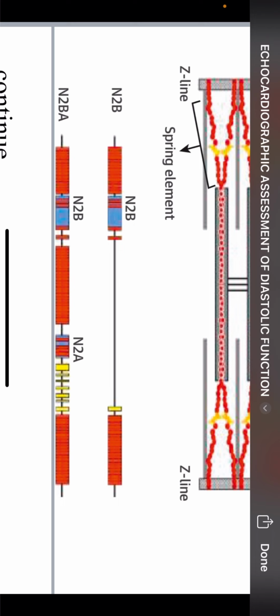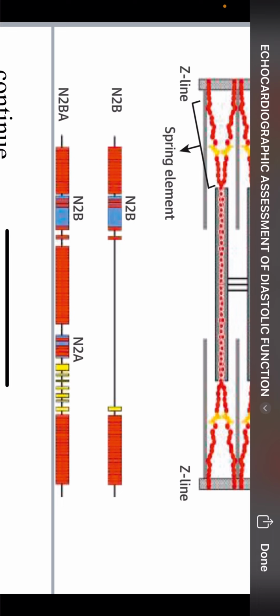If you have more of the compliant titin, your heart will be compliant and it will just fill and not come back to contract. If you have the stiff part, it will not fill, it will not expand, because it is stiff. So what do we need? We need both in appropriate ratios.